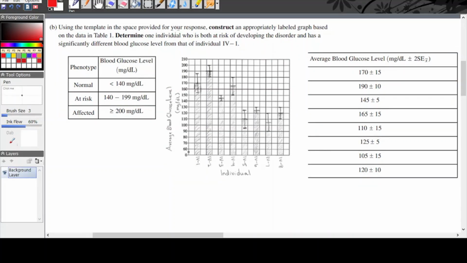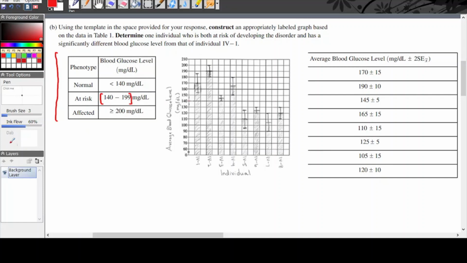The next part of the question says to determine one individual who is both at risk of developing the disorder and has a significantly different blood glucose level from that of individual 4-1. So according to the phenotypic classification table, we know that the people who are at risk of developing the disease have a blood glucose level in the range of 140 to 199.